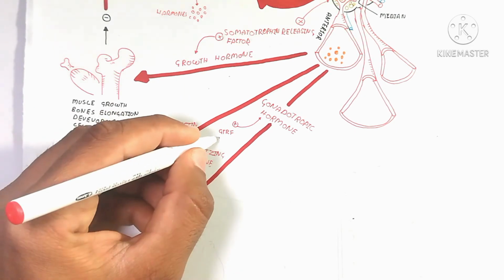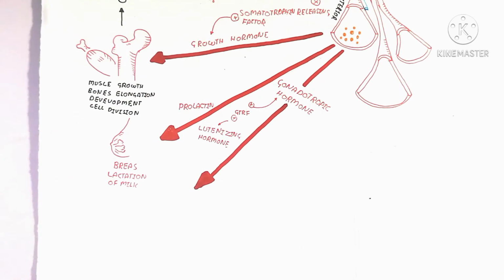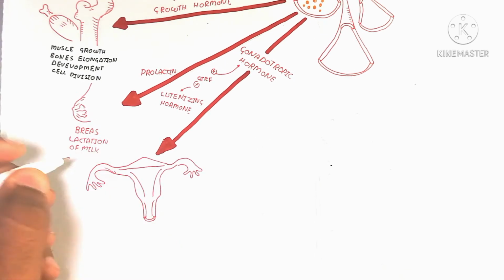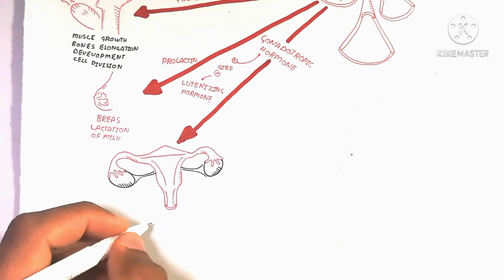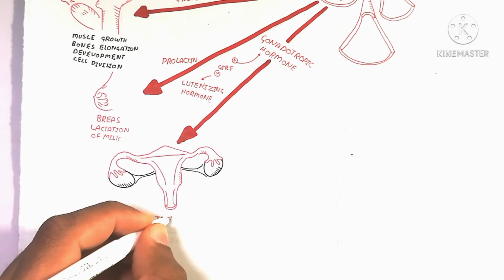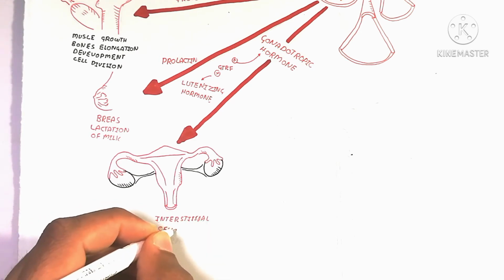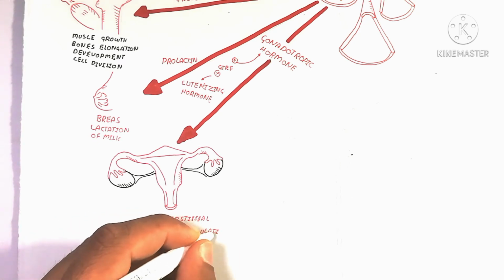The gonads produce, for example, luteinizing hormone, which stimulates the maturation of follicles during puberty, and the follicle will produce estrogen.